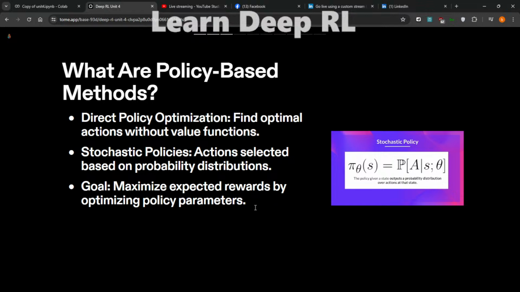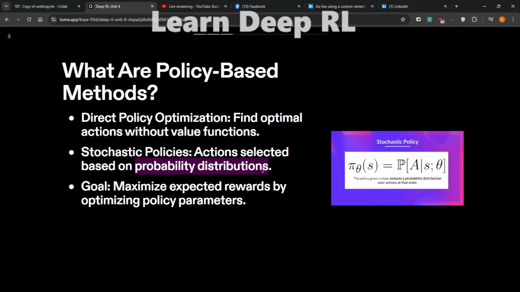Here we can get these stochastic policies, which give us a probability distribution. Instead of always picking the action in that state that has the highest value, as with the epsilon greedy policy in value-based methods, with policy-based methods we have access to this new capability: stochastic policies.